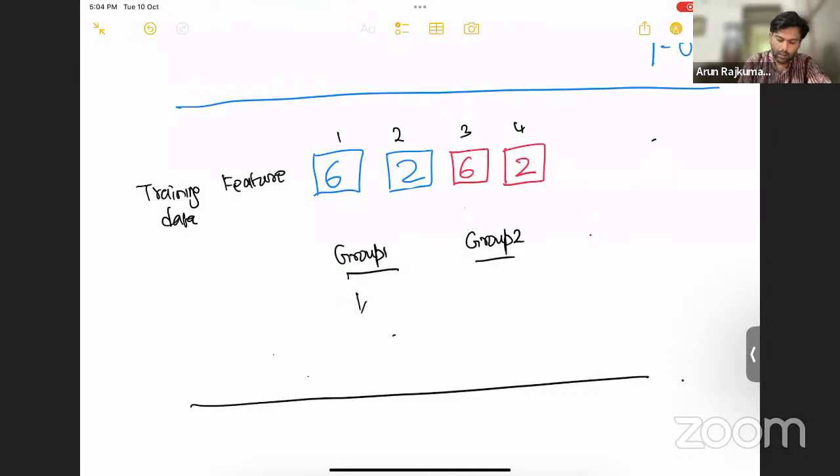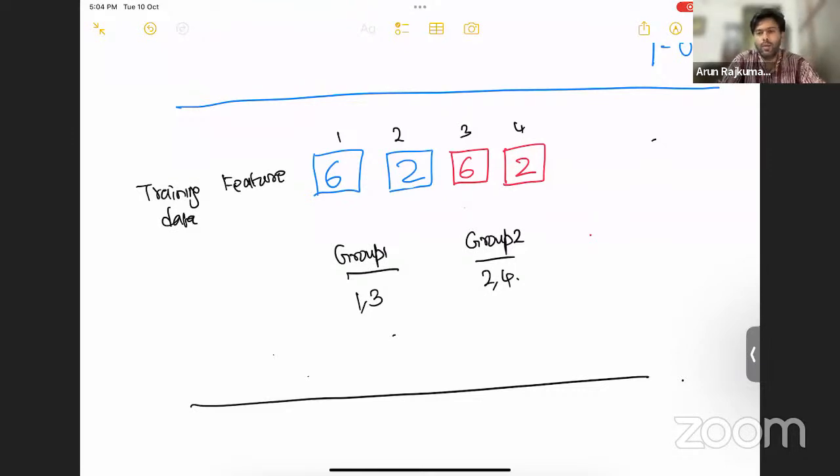Okay, 1 and 3 in group 1, 2 and 4 in group 2. Why are you saying that? Because 1 and 3 have the number 6, and 2 and 4 look alike.